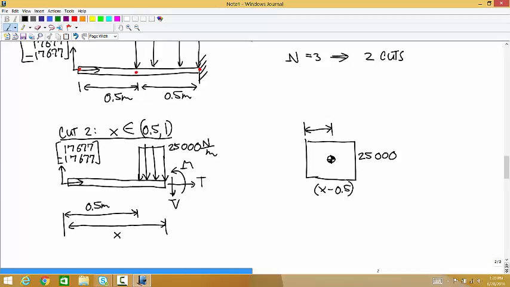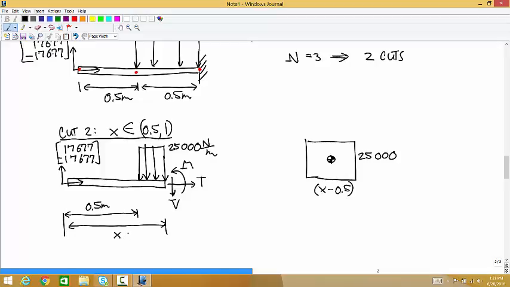And so what's this distance? Well, actually, that's not really the distance that we want. I suppose we could do it that way, but I think an easier way is, you know that it's going to be at the midpoint of 0.5 and x, right?